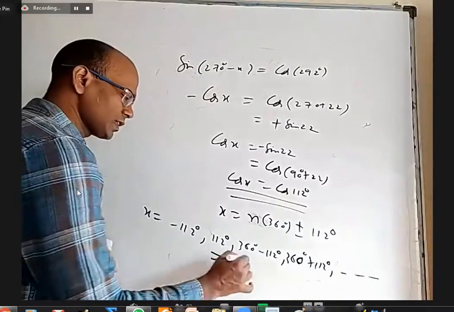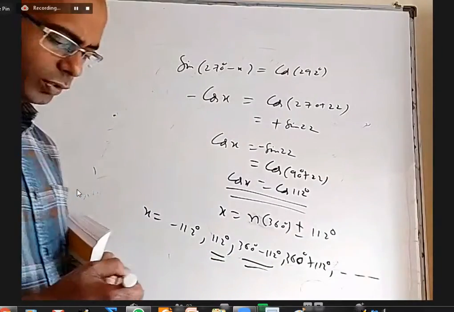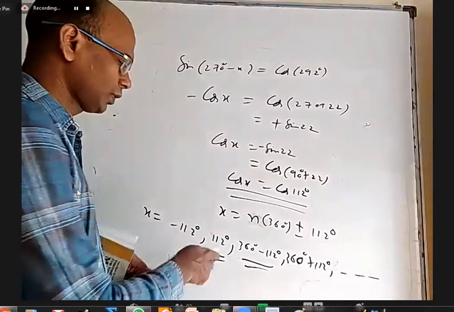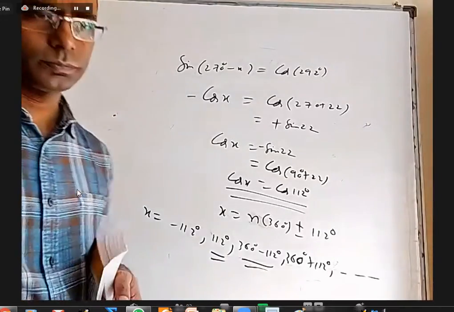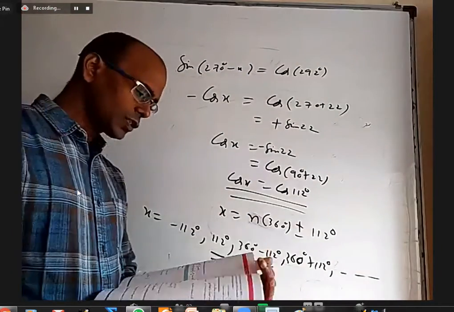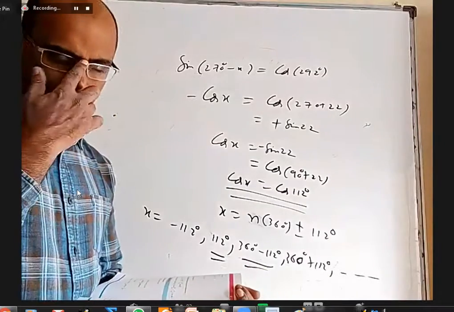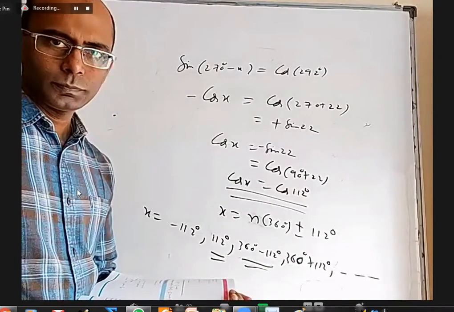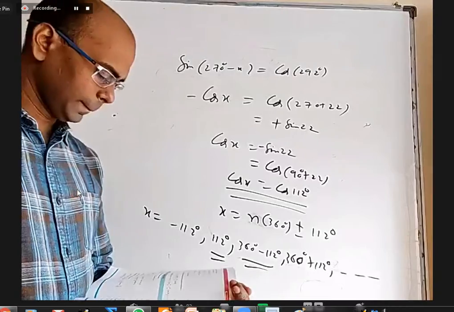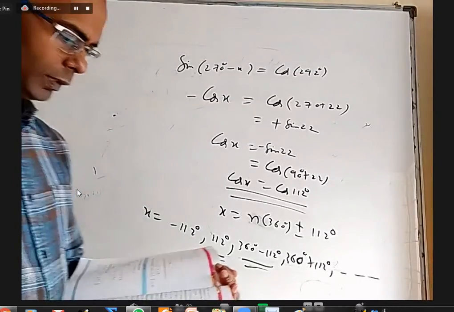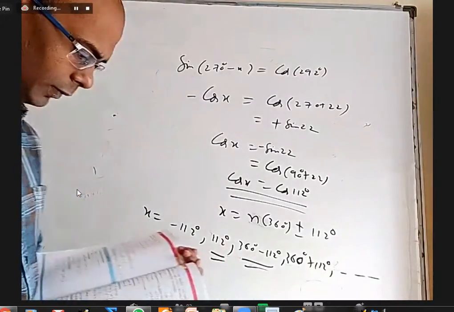In that, this and this are okay between 0 to 360. So this is second quadrant, this is third quadrant. Is it okay? Fourth one, first one? Yes, sir. Okay. Fourth one, second one.